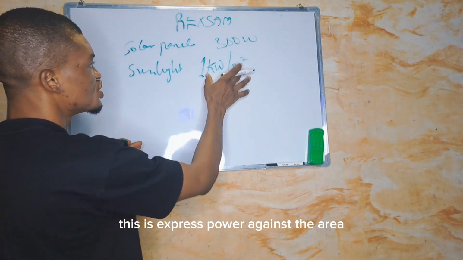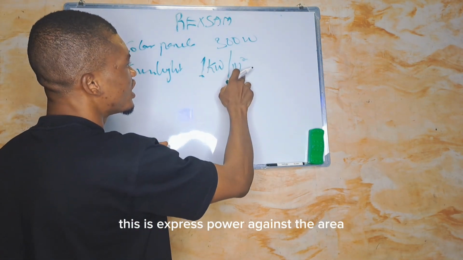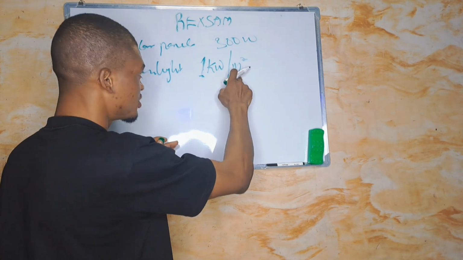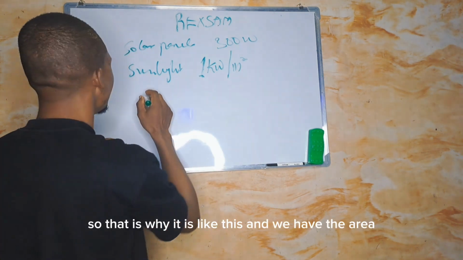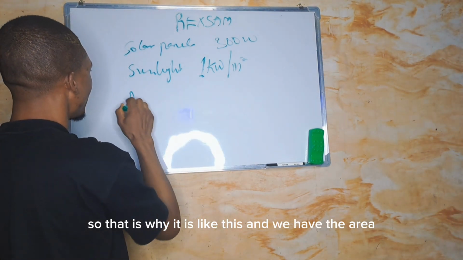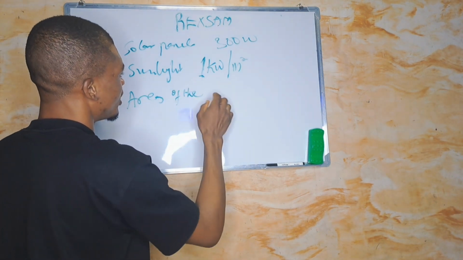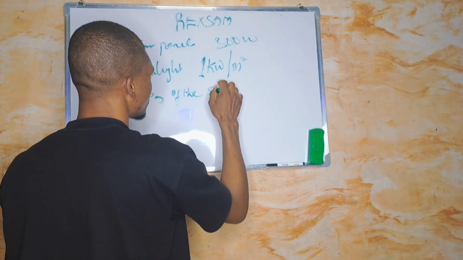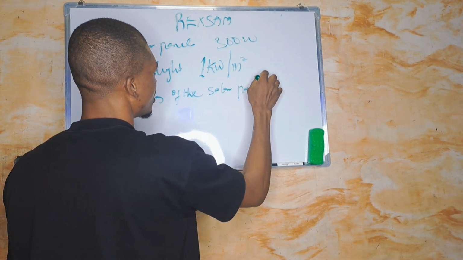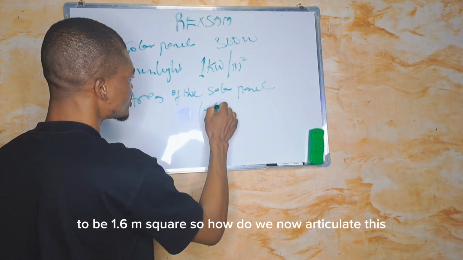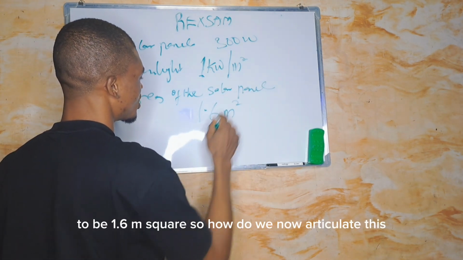This is expressed as power against the area, so that is why it is like this. Then we have the area of the solar panel to be 1.6 meter squared.